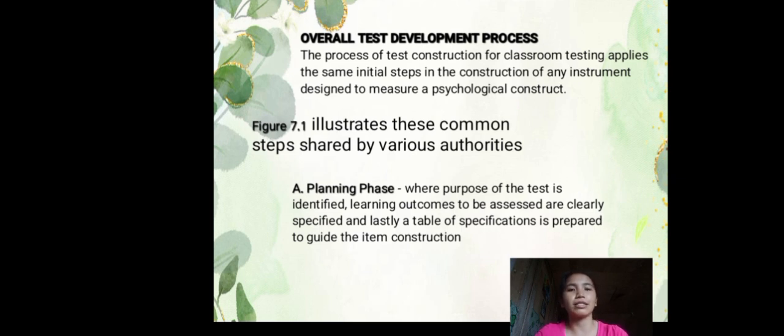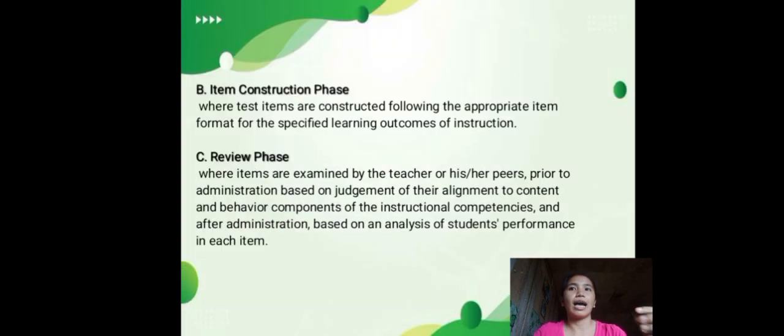Pag sinabi natin psychological construct, ito yung paano natin malaman kung ano talaga ang capability ng isang bata, or kung ano ang kaya niyang masagutan sa mga question. In Figure 7.1, it illustrates the common steps shared by various authorities. These are the planning phase, item construction phase, and review phase.